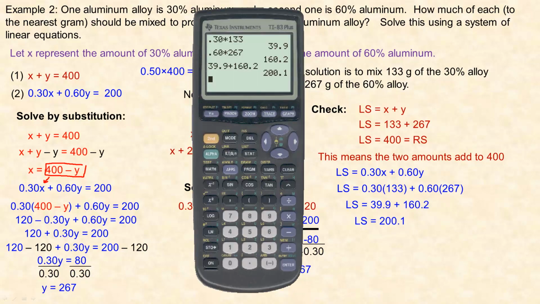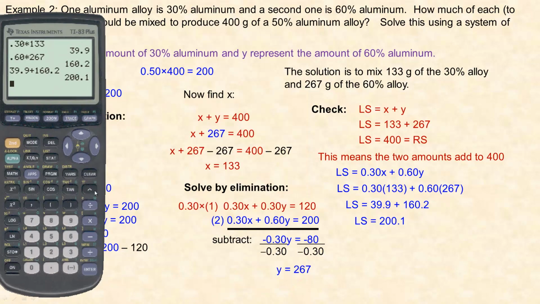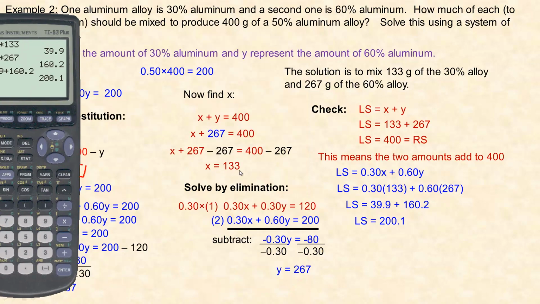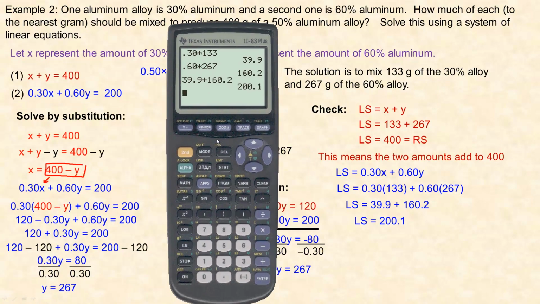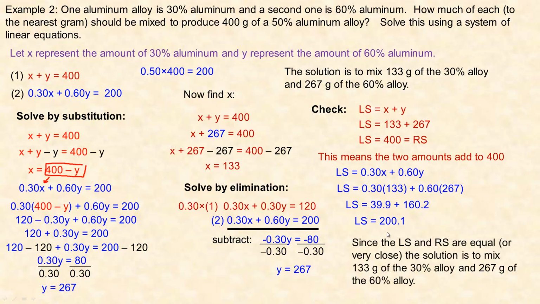It's supposed to equal 200. The only reason it's slightly different is because we rounded. Remember, it was 266.6 repeating, and the exact amount here is actually 133.3 repeating. So it doesn't exactly equal 200, but it's close enough. So since the left and right sides are equal or extremely close to being equal, the solution is to mix 133 grams of the 30% alloy and 267 grams of the 60% alloy.